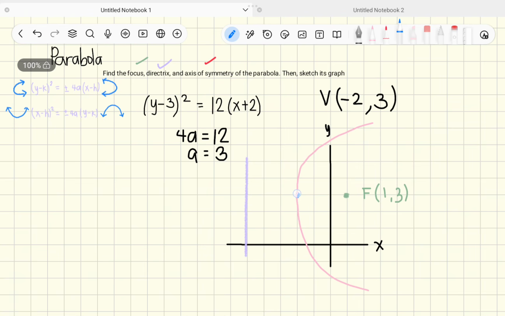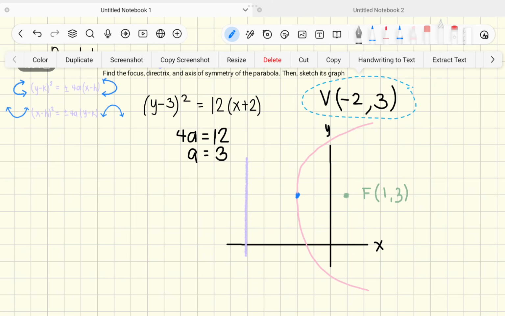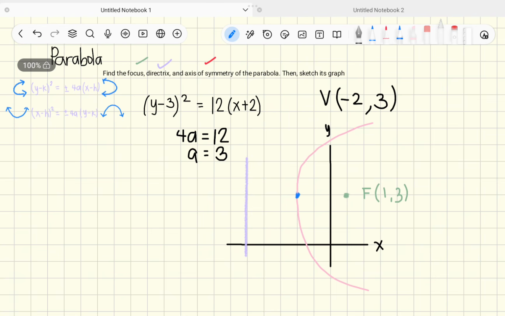So the vertex, let's name. We have (−2, 3). Okay. So your focus is at (1, 3). Now what will be the equation that represents the directrix?